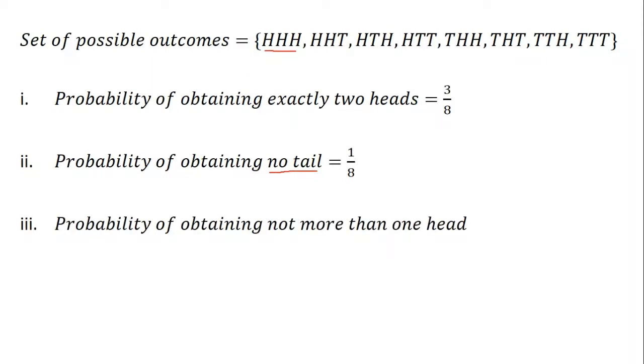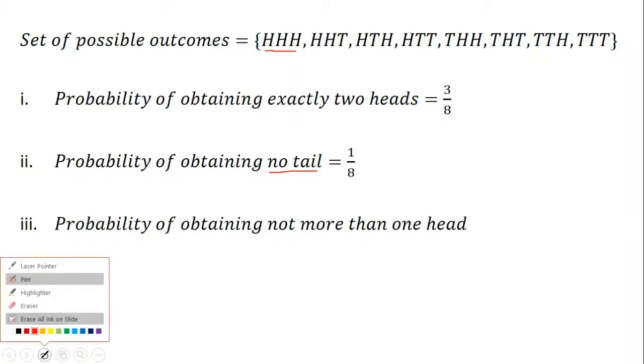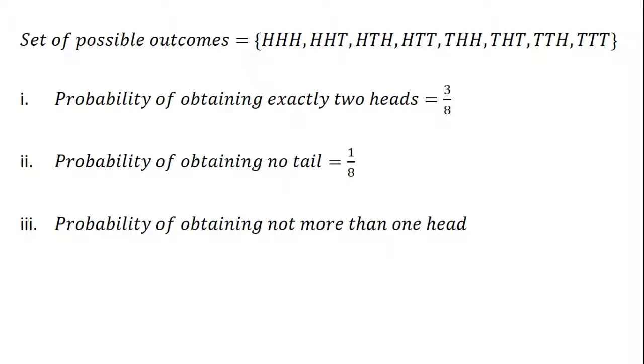The third one, we are looking for the probability of obtaining not more than 1 head. So that is the event, not more than 1 head. You come here and you look for members with not more than 1 head. That means 1 head or no head at all. Now we are looking for members with 1 head or no head at all.